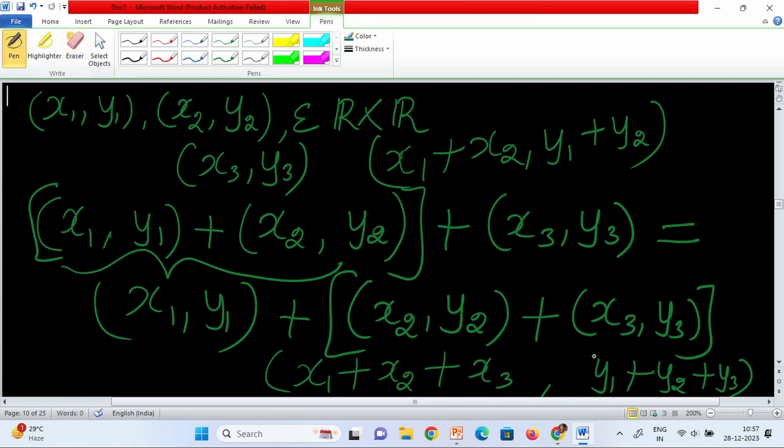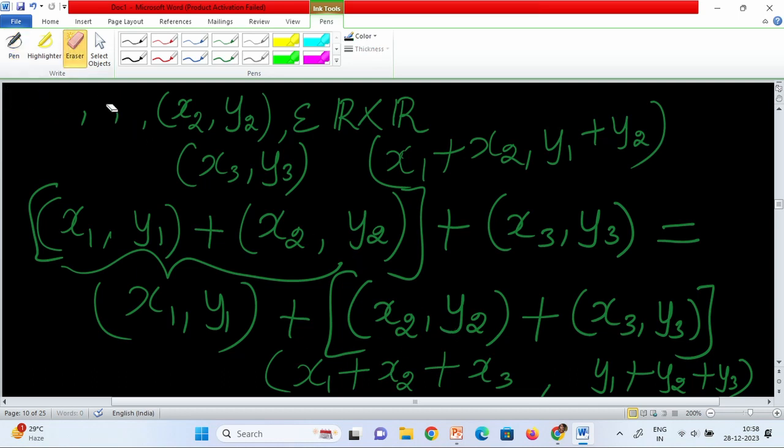Already we know that R is an abelian group, so obviously R satisfies the associative property. If we use the associative property of R, we can easily get these results proved.